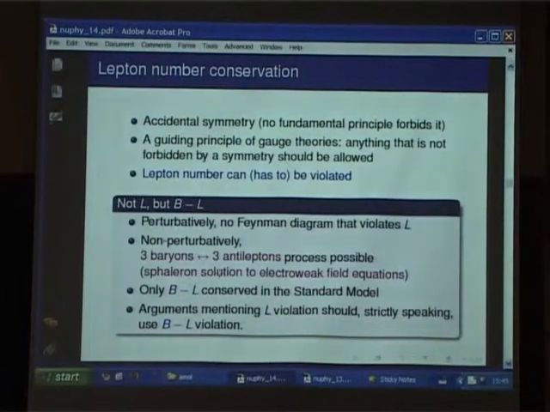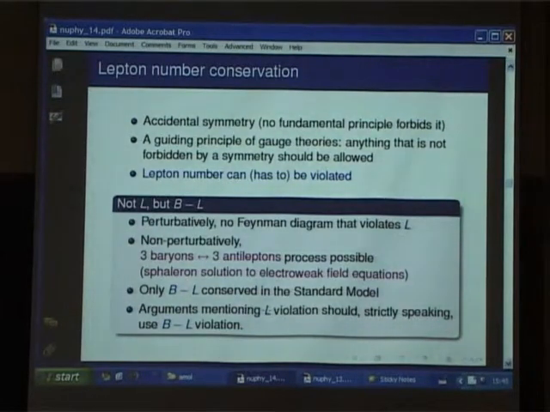This is something that people usually skip over, but you should know that whenever people give an argument that involves lepton number violation, they actually mean B minus L violation. Fortunately, all arguments that involve lepton number, you can replace L by B minus L, and the arguments still hold. Many times in this course I will use the short form lepton number for B minus L, because B minus L is complicated to say.